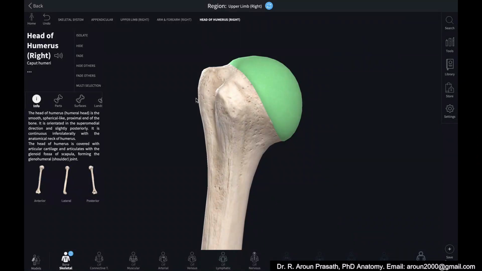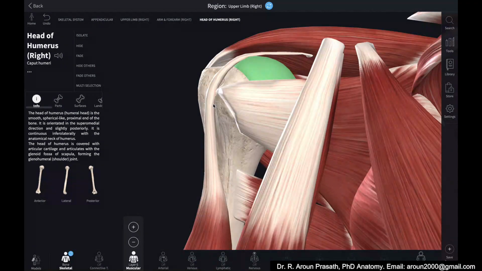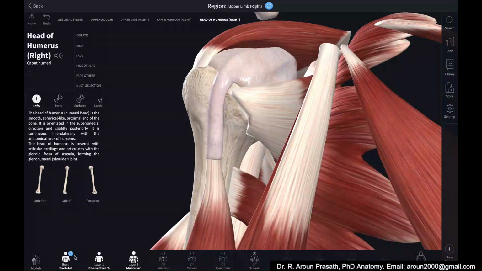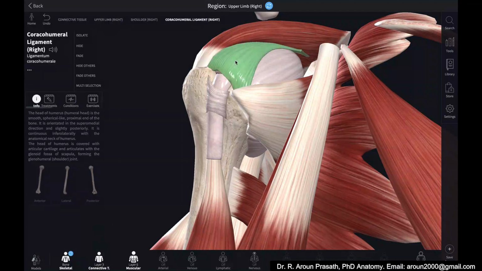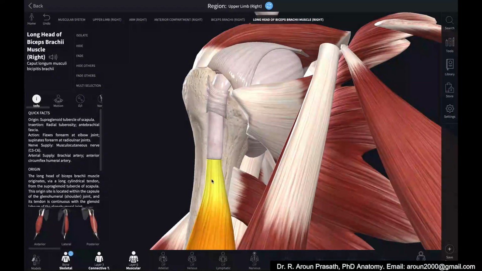The speciality of this bicipital groove is that the biceps muscle tendon passes through it. If you look at this joint capsule, the long head of the biceps passes through the bicipital groove, enters the joint cavity and then goes to the scapula.